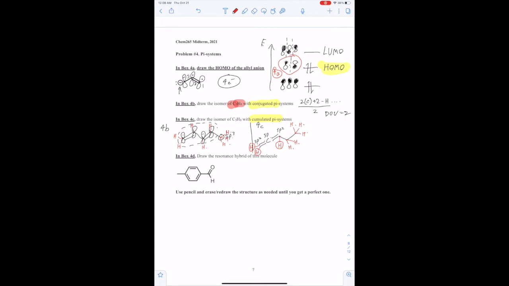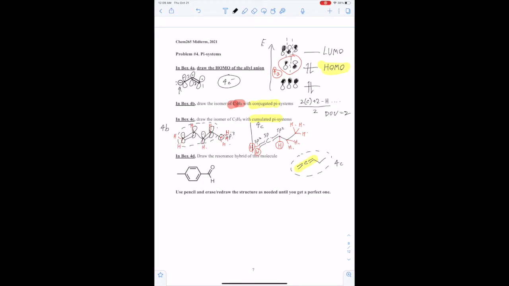So if you were to just clean this question up a bit, that would be your molecule, and right here is the cumulated system. Okay, so that's your answer to 4C.